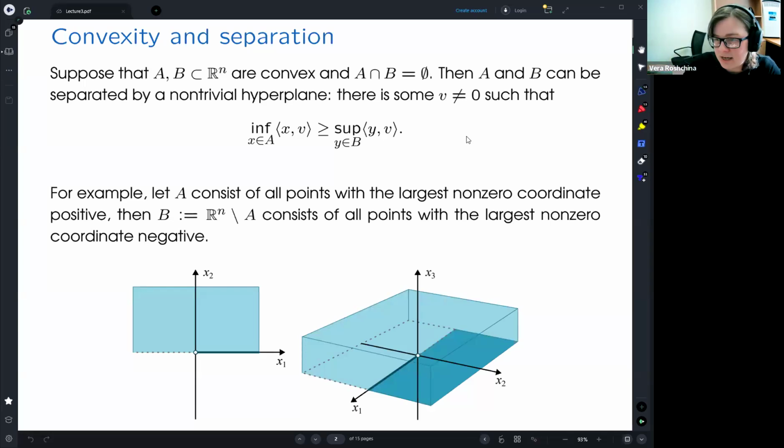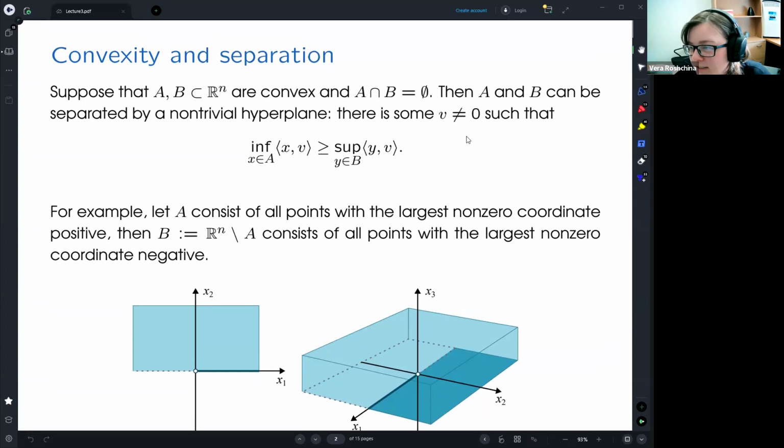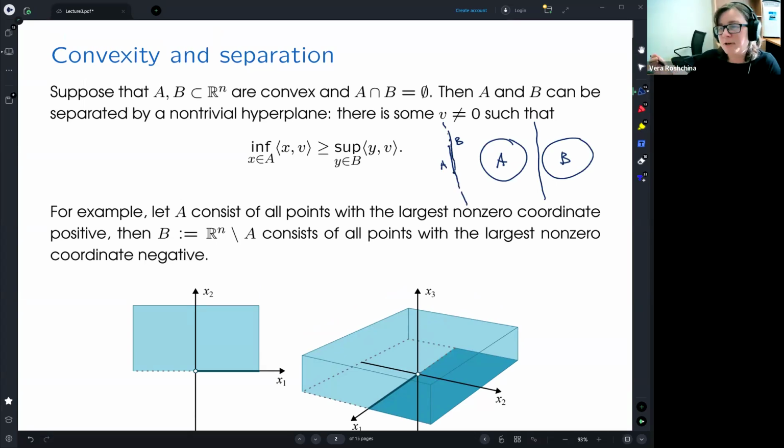But the most important thing is that for any two convex sets I take, I can always split them with a hyperplane. Of course, I may not be able to separate them strictly, but I can always find a hyperplane.